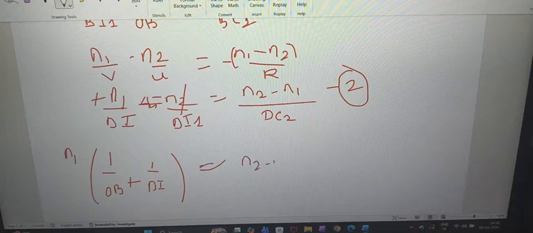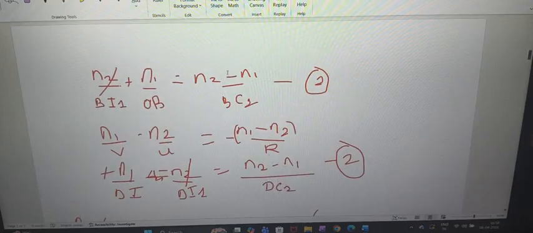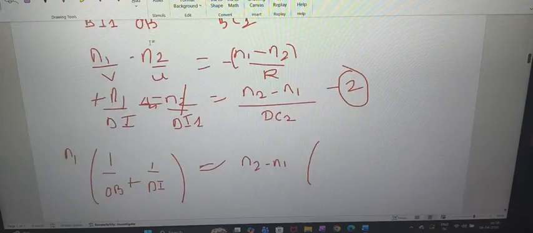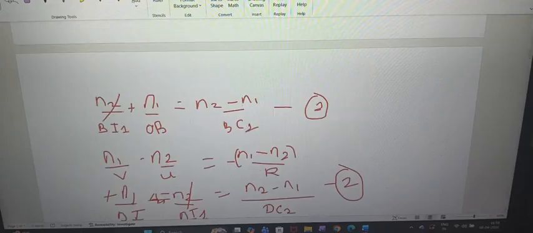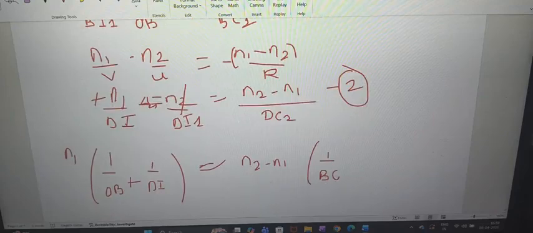So I can take it outside the bracket, n2 minus n1 common in both the equations. So it's 1 by bc1 plus 1 by dc2.